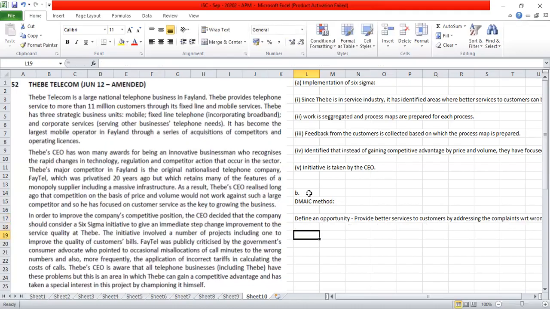That's defining an opportunity. Measure performance.